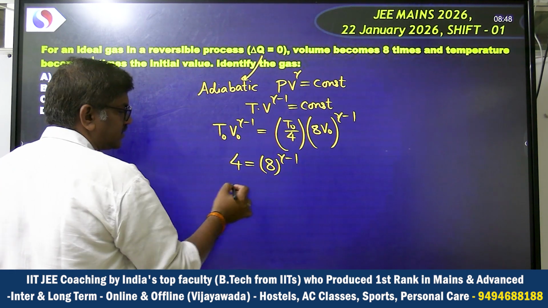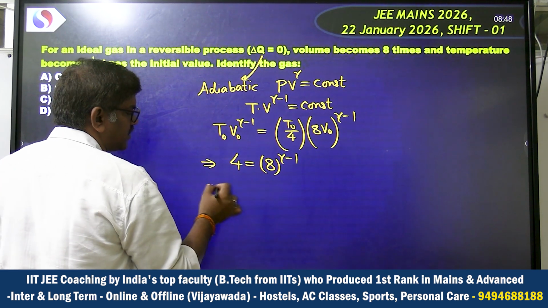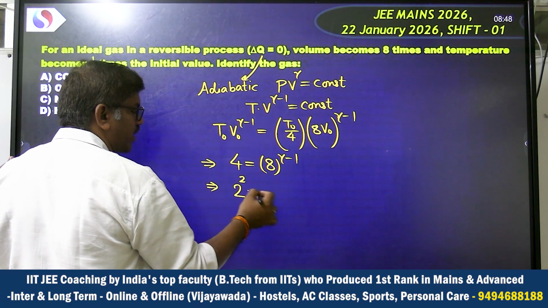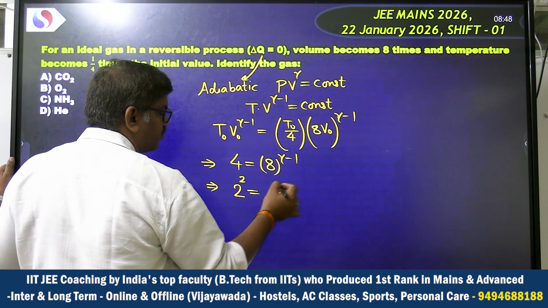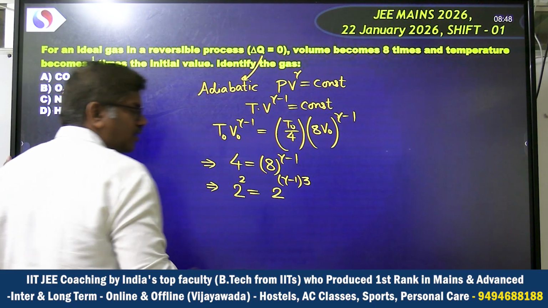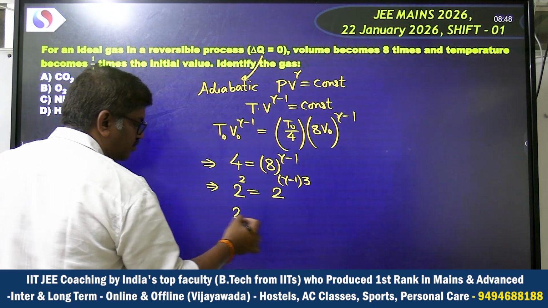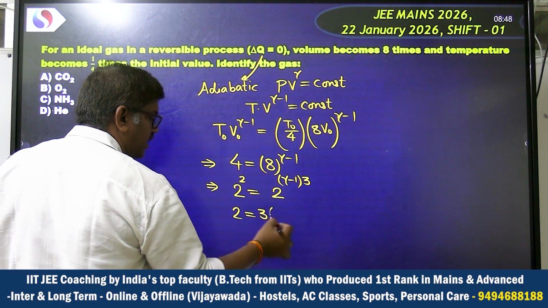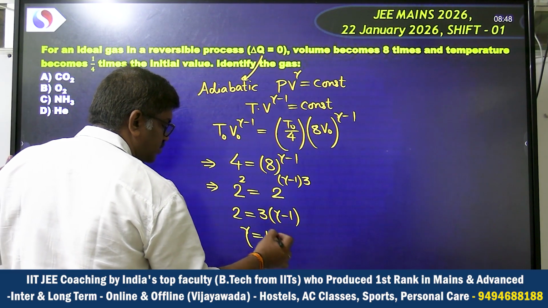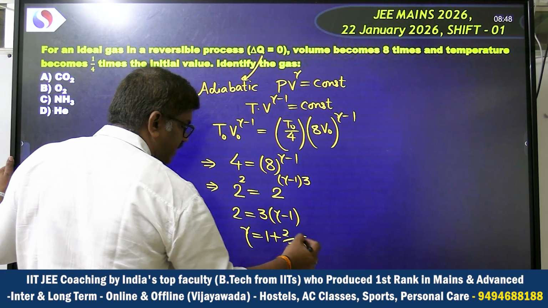To solve this equation, make it in the form of 2. So 4 can be written as 2 square and 8 as 2 cube, which is 2 to the power gamma minus 1 into 3. Now compare the powers. So 2 equals 3 times gamma minus 1, or gamma equals 1 plus 2 by 3, which is 5 by 3.